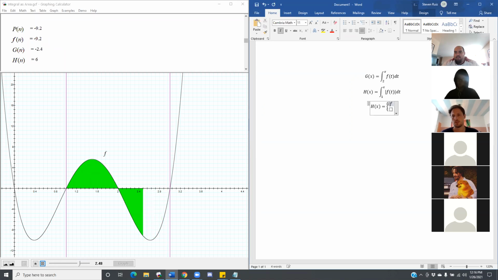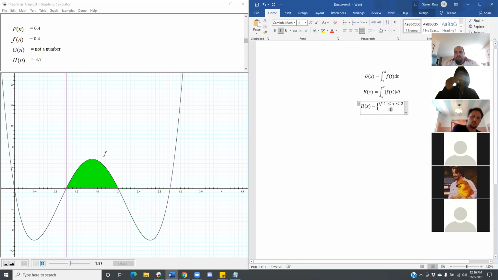Okay, I'm hearing some good things here, but let's start out with the division. So if I want unsigned area, then I have to think about the behavior of this function in these two places. If 1 is less than or equal to x, which is less than or equal to 2, and if 2 is less than x, which is less than or equal to 3. So those are my two divisions.